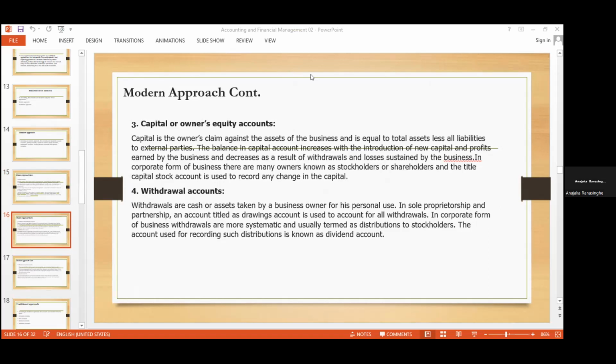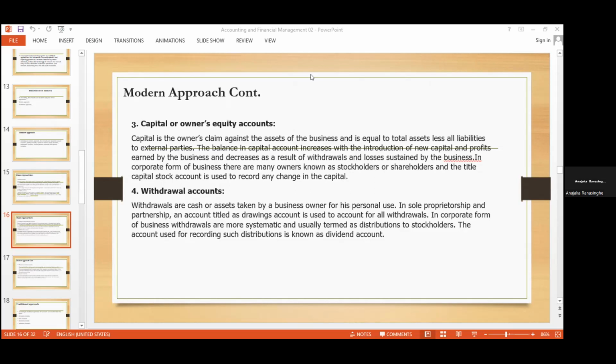It is capital, share capital, and any other equipment invested by other parties for our company. It is capital. Owners equity is the same.